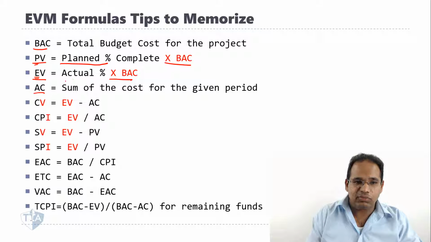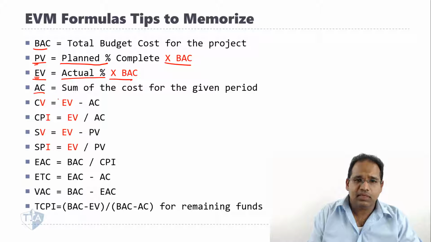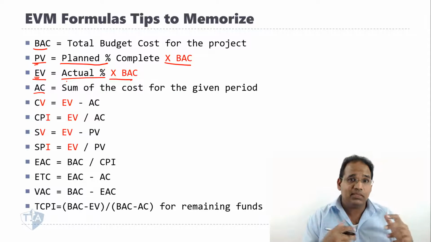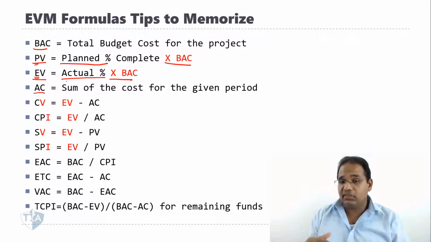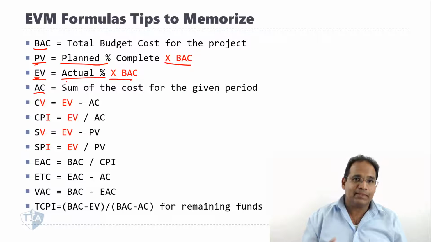EV is the actual percent times the BAC. How do you remember this? Remember P stands for planned, and PV and EV are both multiplied against BAC, so it's the planned percent times the BAC. Remember, EV is what you earned, what you did. It's the actual percent times the BAC.